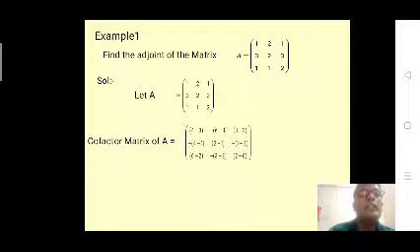Here 1 is in the first row and first column, so for the remaining elements we write 2 3, 1 2, that is the minor of the element. The corresponding row and column are neglected.